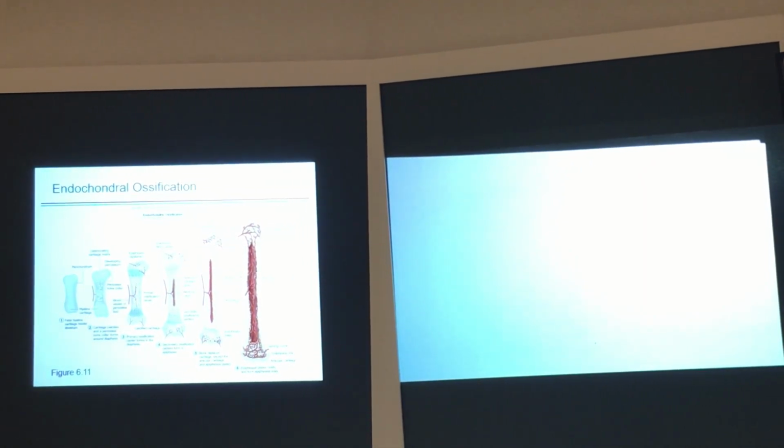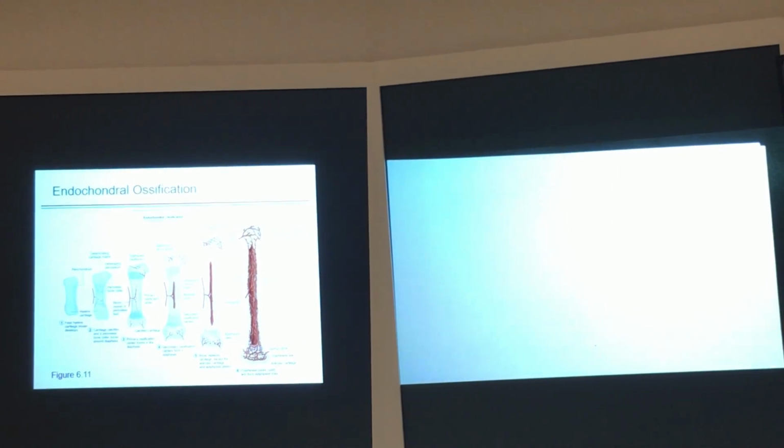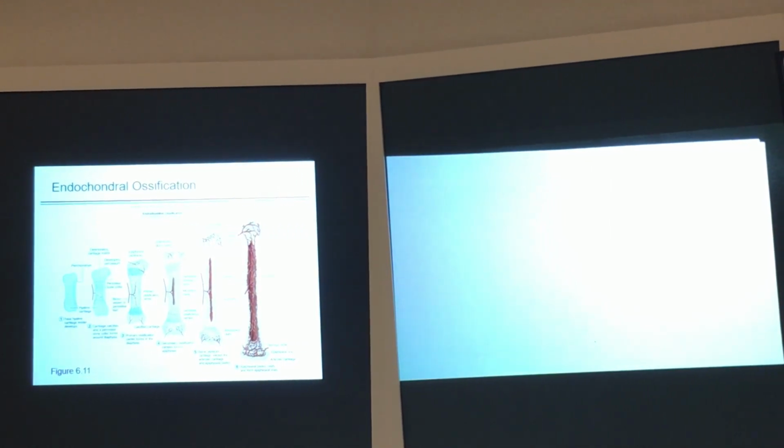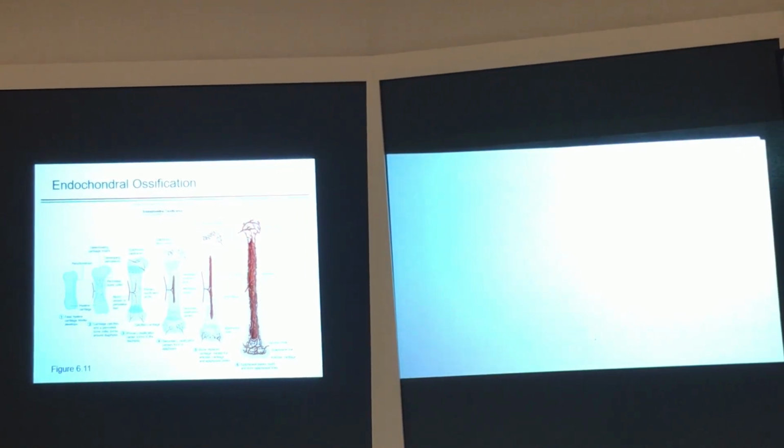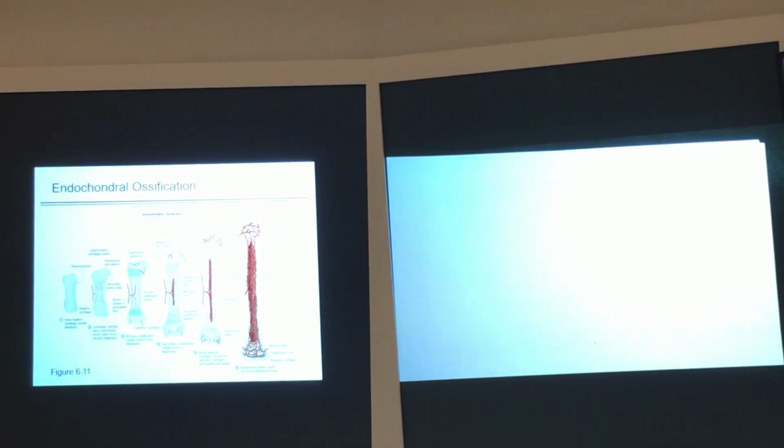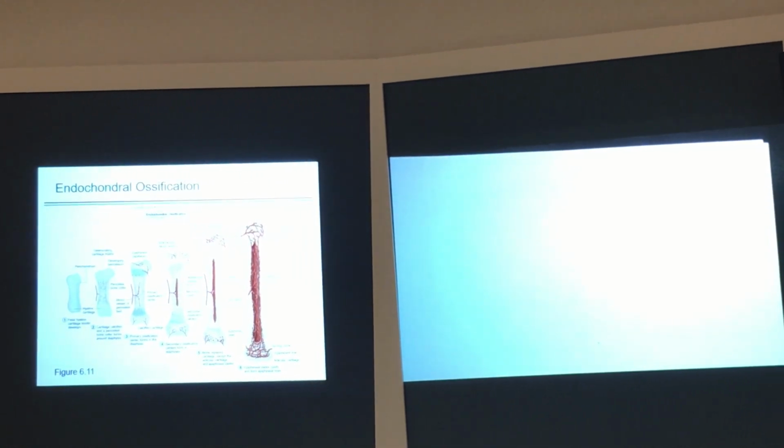So that's why this part is called epiphyseal plate, which is commonly called the growth plate. And then when this epiphyseal plate gets smaller, and when the cartilage runs out, we don't grow anymore, then it's called epiphyseal line. Okay.